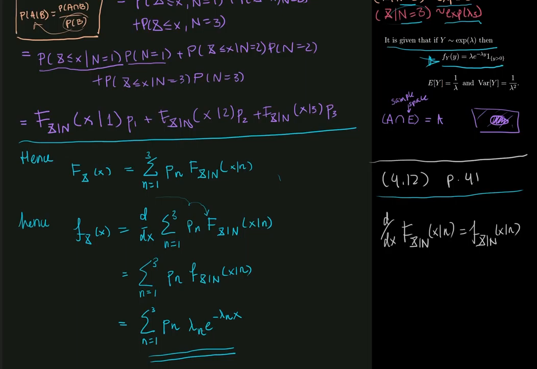With probability p1, the density will be lambda 1 multiplied by e to the minus lambda 1 x, and so on. Intuitively, this makes a lot of sense, and now it also makes sense theoretically. What we actually have here is a mixture distribution, which is part of the Chapter 4 curriculum. We will get back to that later, so no worries.